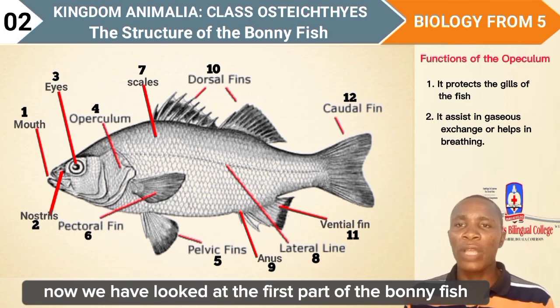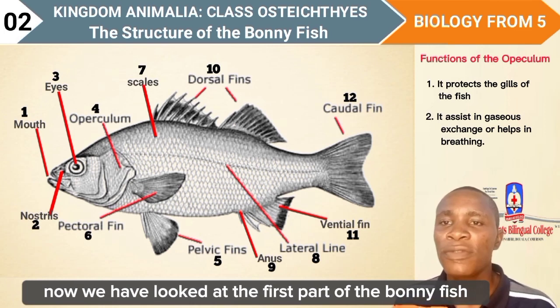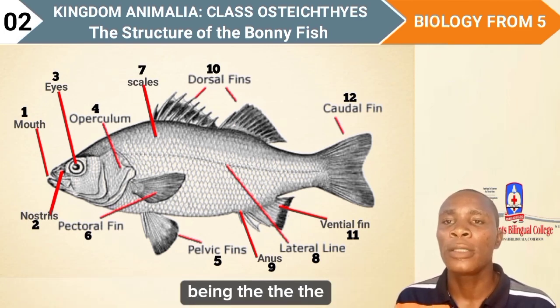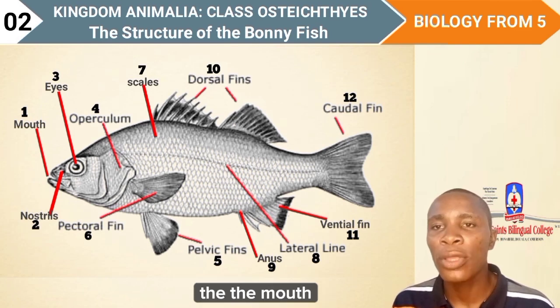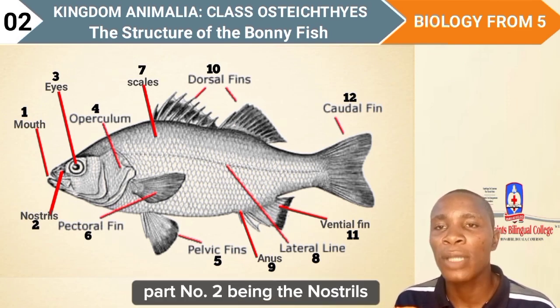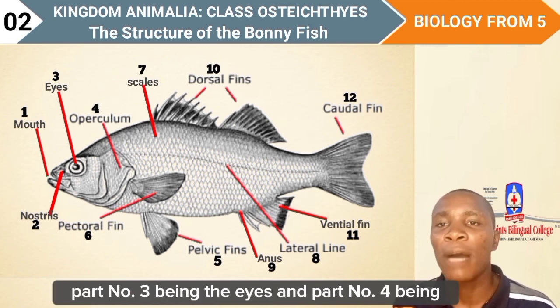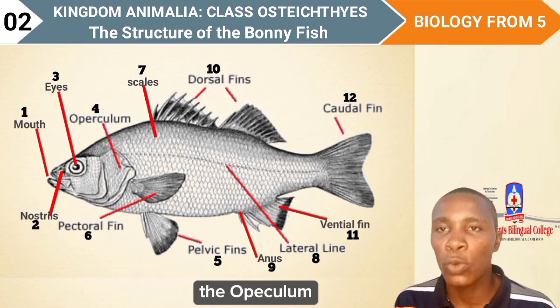Now, we have looked at the first part of the bony fish being the mouth, the second part being the nostrils, part number three being the eyes, and part number four being the operculum.